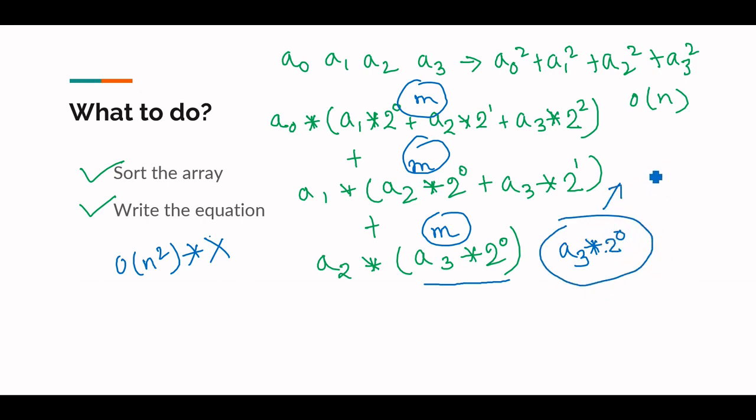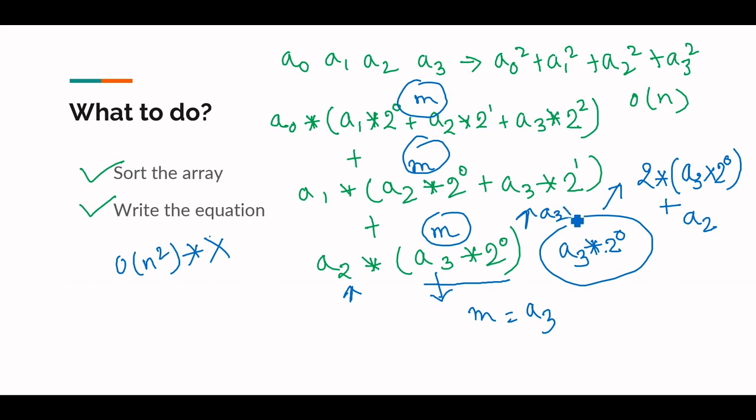At this point what is happening? If I multiply 2 with a3 into 2 to the power 0 and add a2, that is our previous number, isn't it the same m? Here the value of m is a3, and here it's a3 into 2 plus a2. So suppose we have this in x. So at this point this m is actually 2 times the previous m plus x.